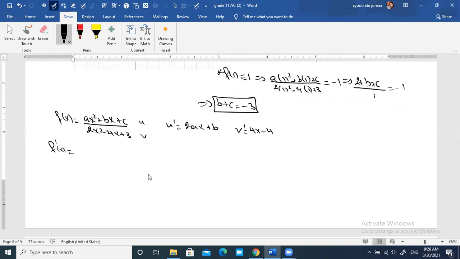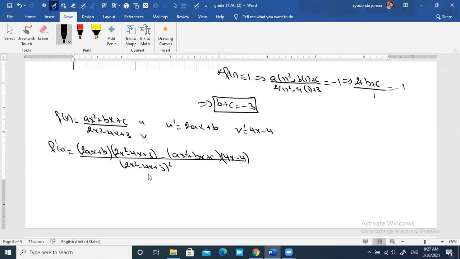So it is 2ax plus b times 2x squared minus 4x plus 3, minus ax squared plus bx plus c times v prime, which is 4x minus 4, all over 2x squared minus 4x plus 3 squared.